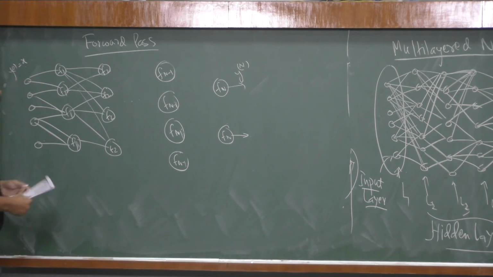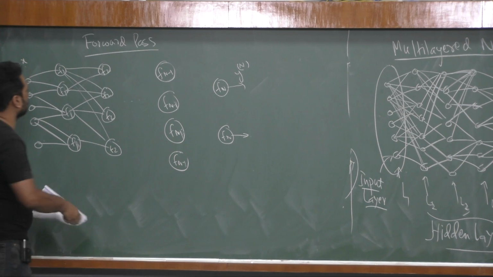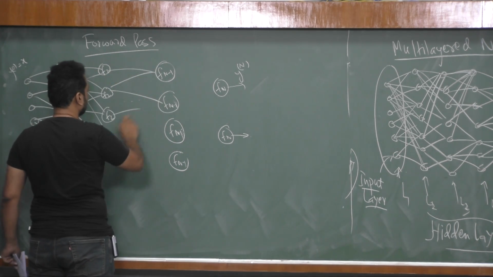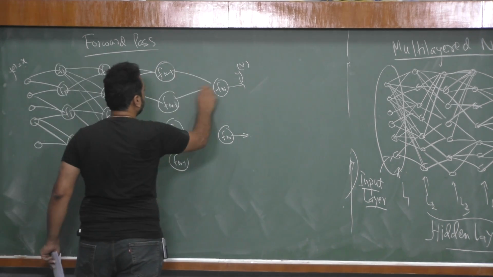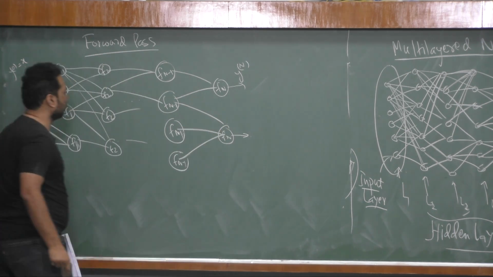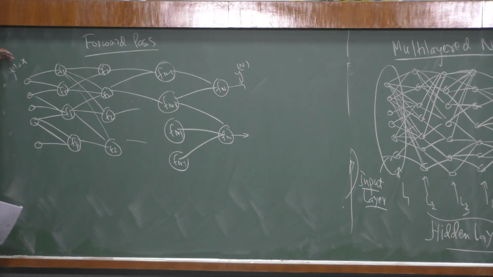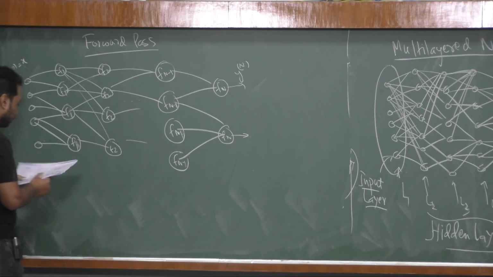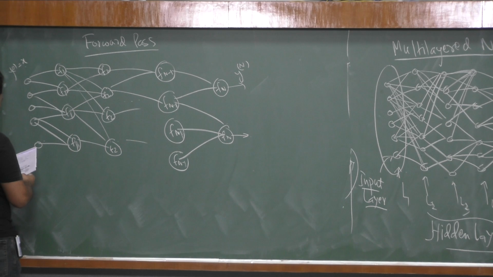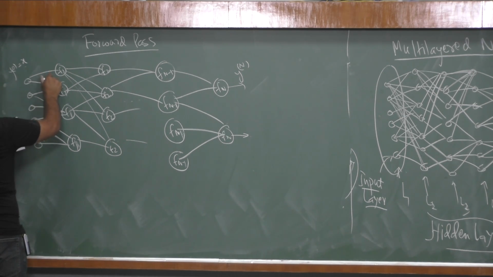In this case we are using the notation yn as our prediction, not the label. The label could be denoted by some other letter. So these are the connections we have. As we know, a vector goes in, then it gets a linear combination and an activation, and so on. So we are trying to describe this in a proper way. Let us say the values after the linear combination we call z1.